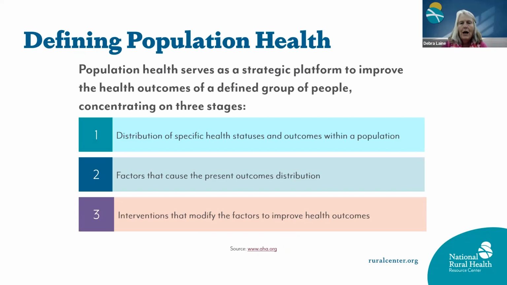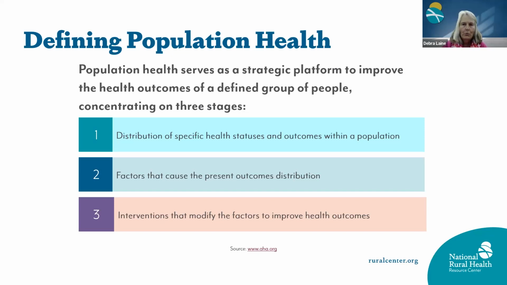And what we're really talking about here is changing from an illness model to a wellness model. So population health serves as a strategic platform to improve the health outcomes of a defined group of people. And it has three strategies or three stages to it.